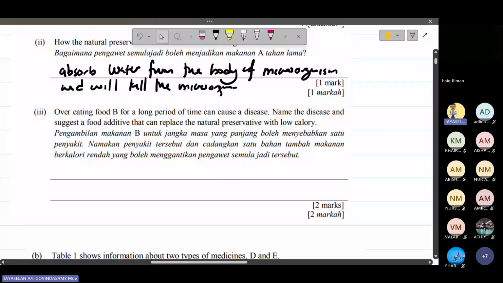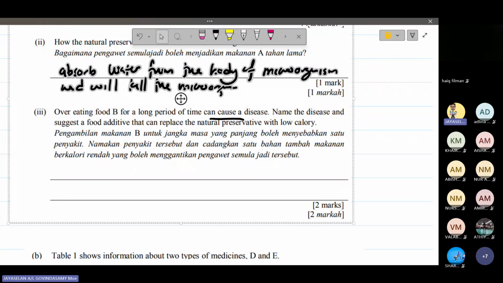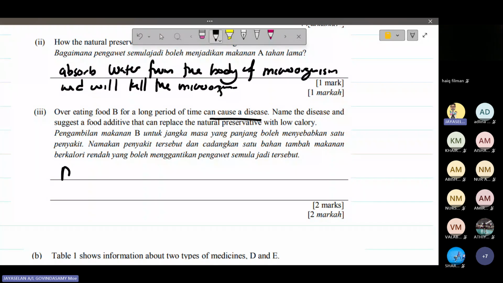Okay, food B for a long period of time can cause diseases. Name the disease. Diabetic. Okay, diabetic. And it can be replaced with what? Anyone?